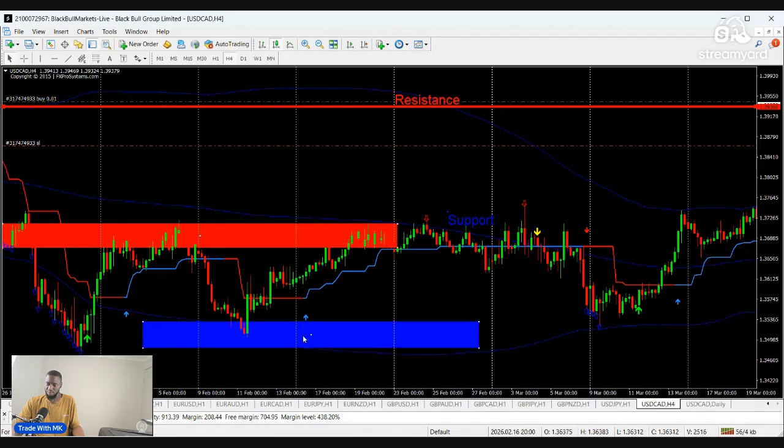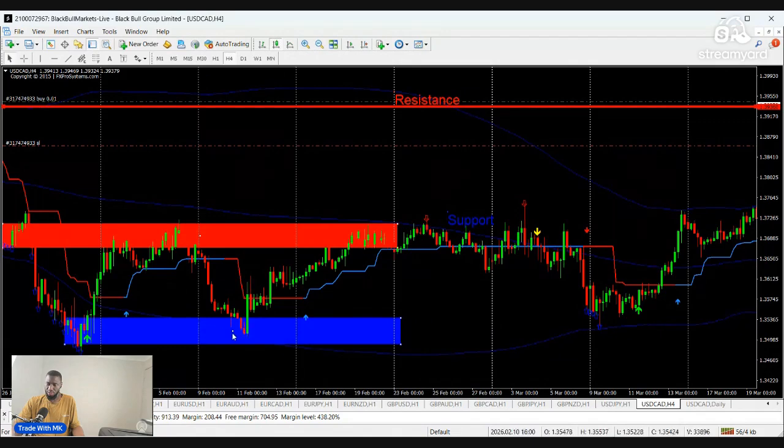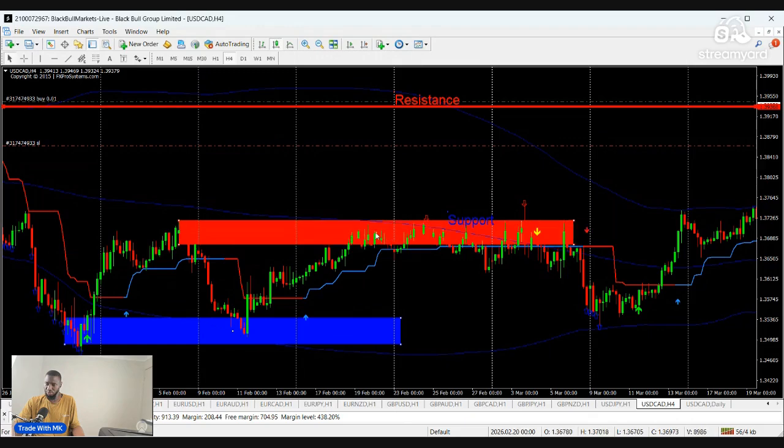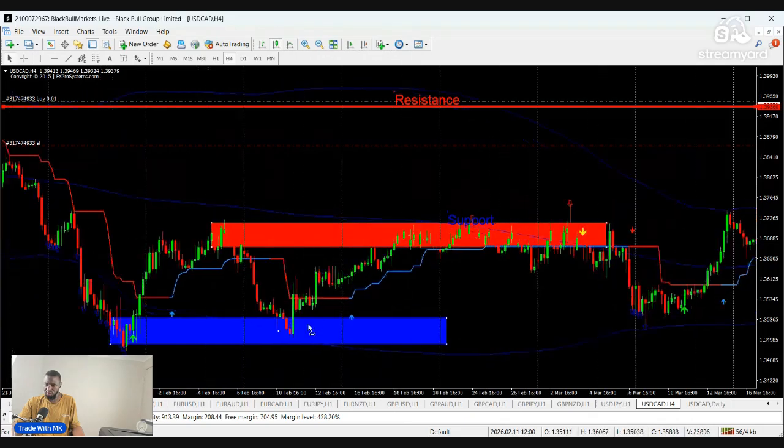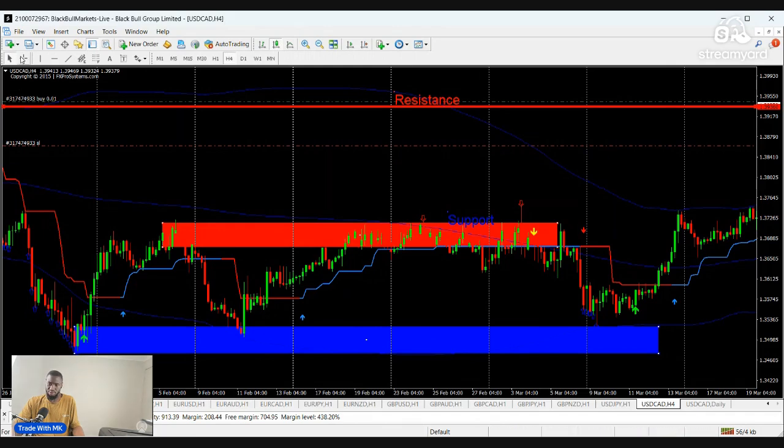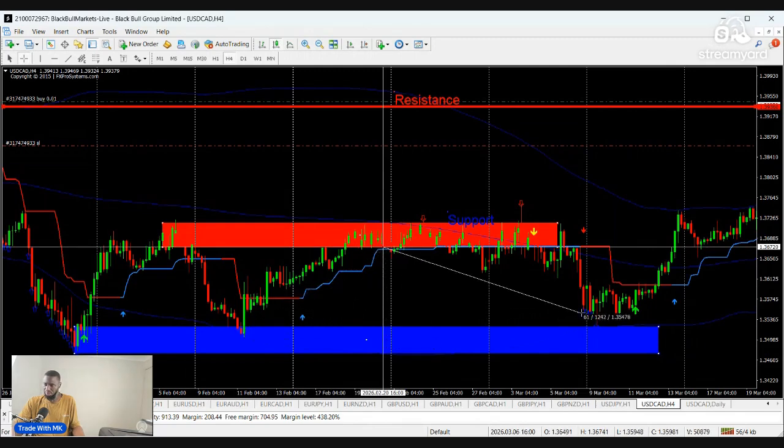Okay. And then when it break, see, I know I didn't buy here because I know the daily time frame was downtrend, so I wouldn't be looking to buy. I was only looking to sell. So the market still sells again, you know. So was that 150 pips? There we go.